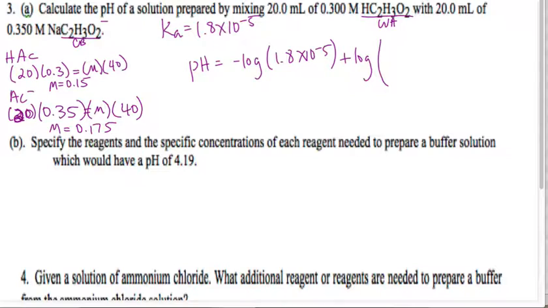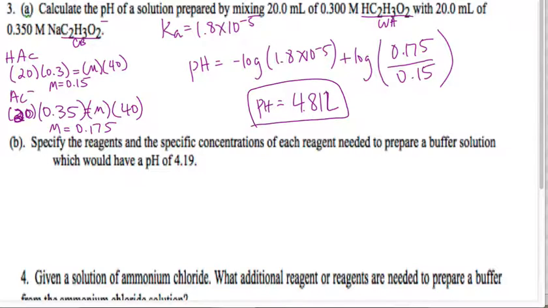What's the ion's concentration? 0.175 divided by the acid's concentration of 0.15. 4.81 is our pH. So that's faster than a RICE table, yeah? Okay, so I would use this. I think it's easy. It makes buffers easy. And it cuts down a little bit on the solving you have to do in the algebra.